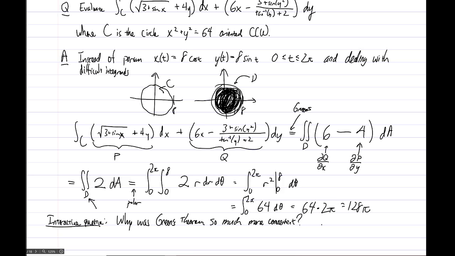I mean, in other words, think about it this way. That is, outline what we would have had to do if we didn't use Green's theorem on this problem.